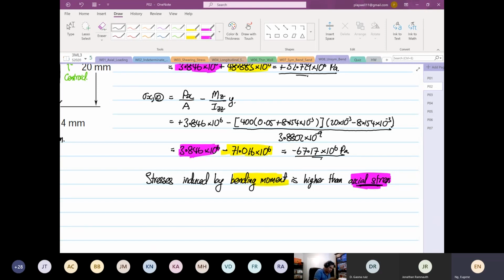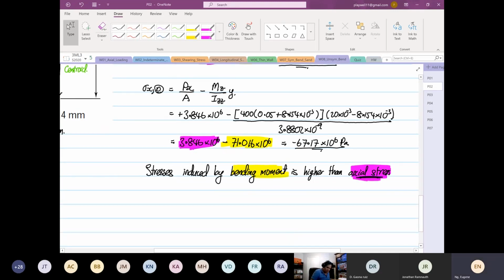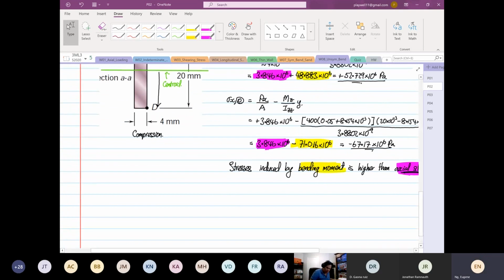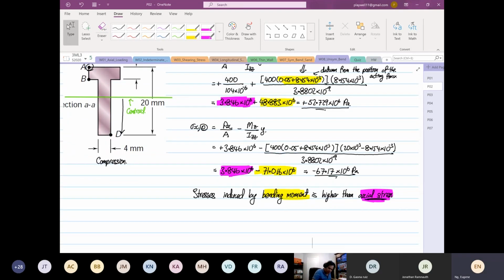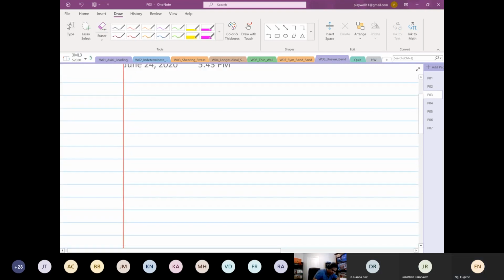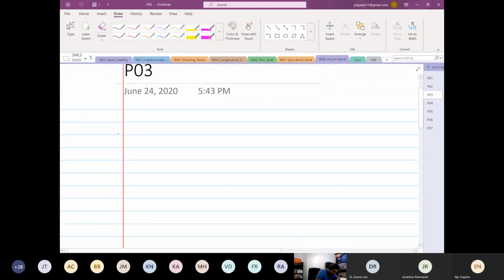So the next thing that we're going to do is part C. Okay, so part C is to find the position of the neutral axis.